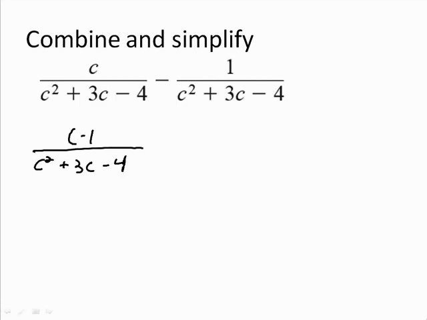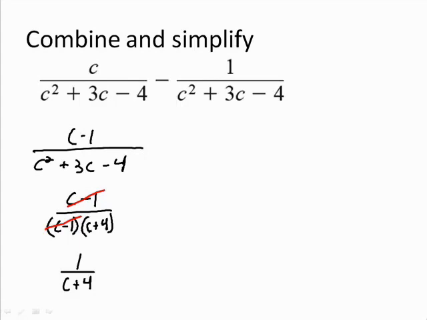The denominator can be factored into c plus 4 and c minus 1. You are left with c minus 1 divided by the quantity c minus 1 times the quantity c plus 4. The c minus 1 in the numerator and denominator cancel out. You are left with 1 divided by c plus 4.